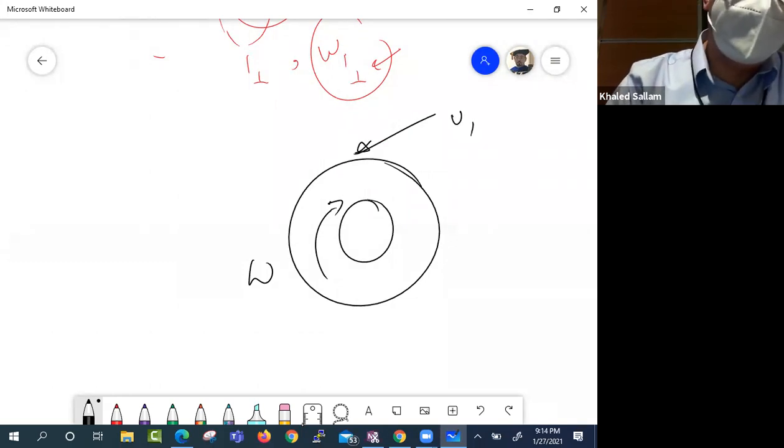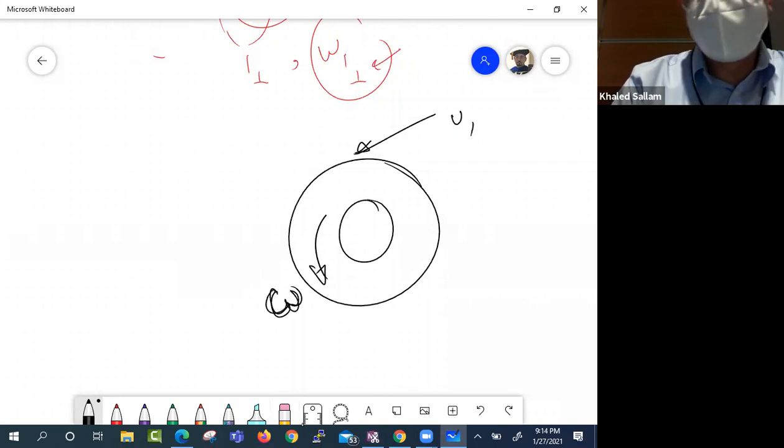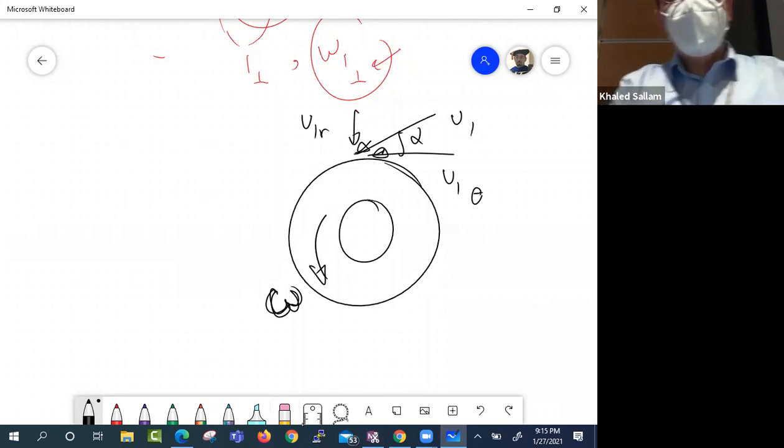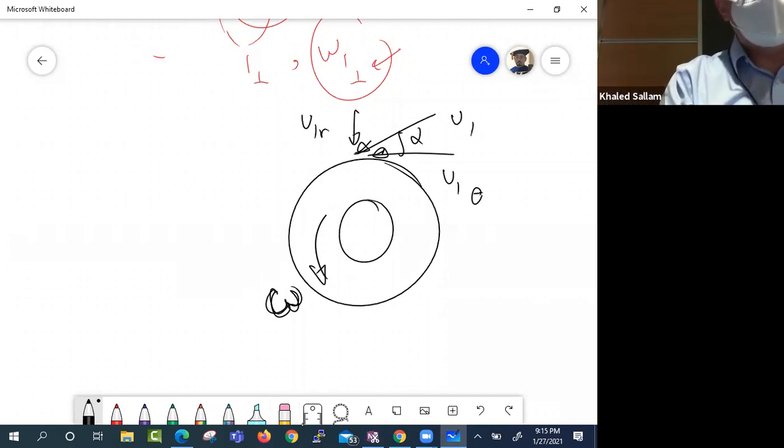Actually, let's make omega in the other direction. And we say this is, again, alpha, and this is V1 theta, and this is V1R.